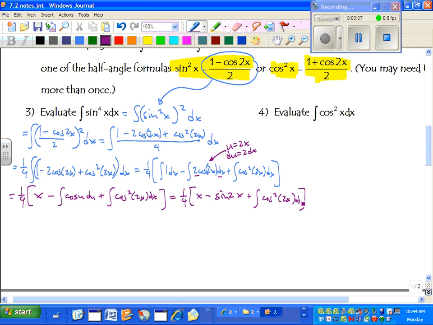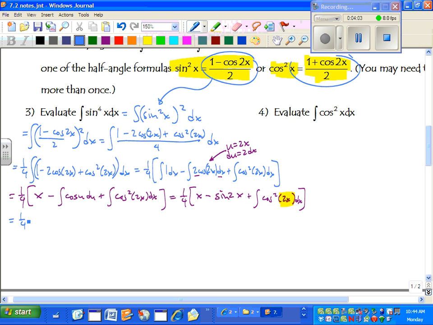Now, for this last part here, we have cosine squared of 2x. We're doing the antiderivative of that. Think of this 2x as just one thing. We can almost think of it like a u type of thing, but cosine squared, if that's an even degree, like we set up here, we have to use one of these identities. So in this case, we're using the other one.